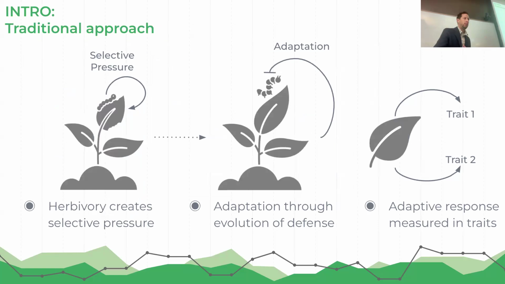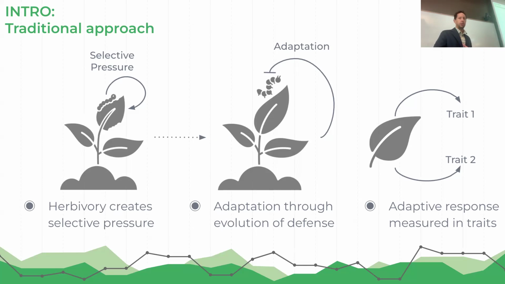Now, when it comes to traditional approaches used to address questions in plant-herbivore interaction, this summarizes the main one that's used. We look at herbivory creating some selective pressure on the plants. Herbivores and plants are antagonistic, and as plants are consumed, their fitness drops. We might think that's a selective pressure for these plants to adapt to deter herbivory, to resist it through some means, maybe directly or indirectly.